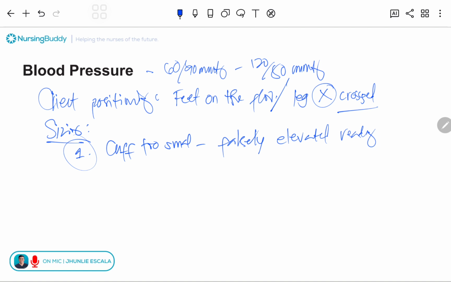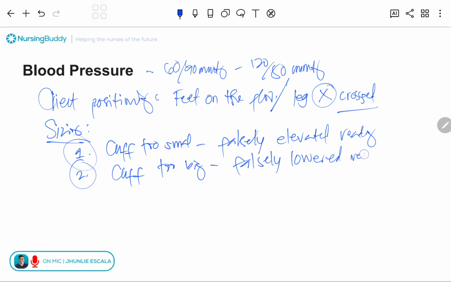Okay, and also class, kapag sinabi naman natin na cuff is too big, this will give us also a falsely lowered reading. Ayan. So kapag mababa po ang ating pong BP, we call that your hypotension. If it is high naman, on the other hand, we call it your hypertension. Okay, big hit there.